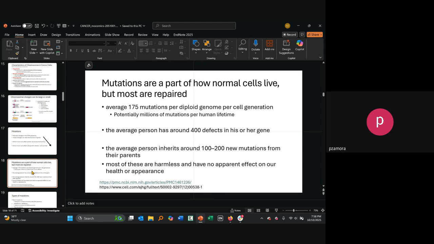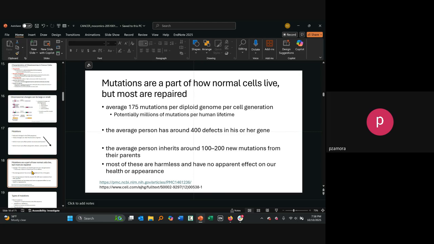Again, most of these are repaired, and most of them don't do any damage. They're sort of a baseline of activity in a normal human cell. What that means is potentially you could have millions of mutations across an individual human lifetime. Again, most of these are repaired.